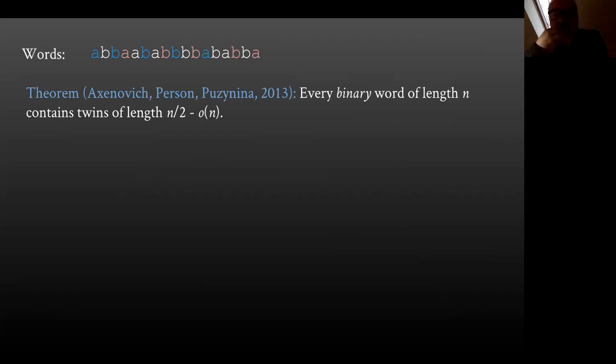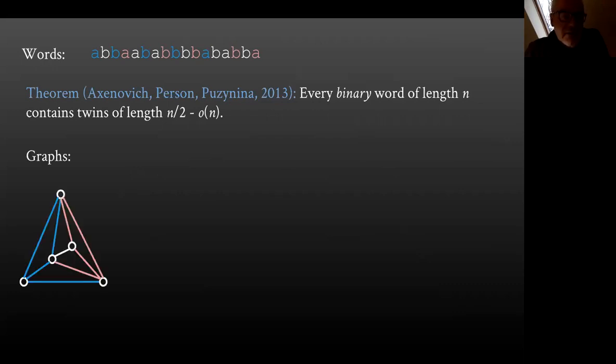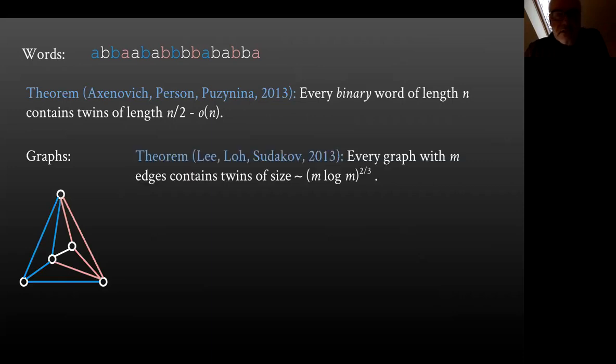Maybe similar to the previous conjecture, and actually this result was the largest inspiration for us to study these twins in permutations. But you can also study twins in graphs. There are quite nice results, for instance, a similar function.